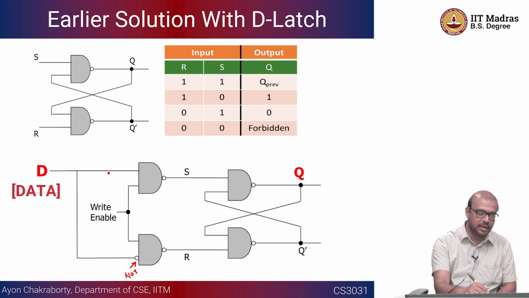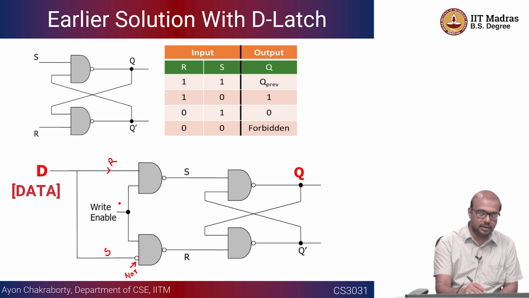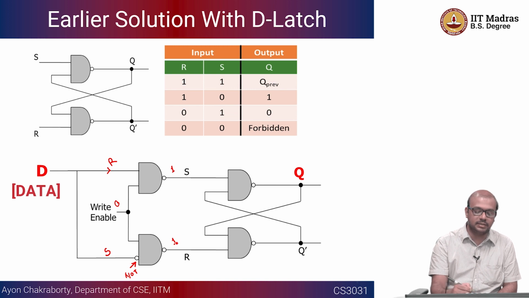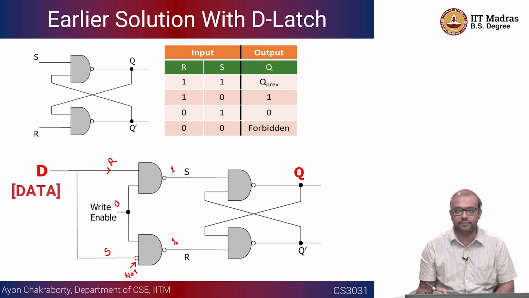You can think as if this is again an SR latch, but with a condition that S is equal to a complement of R or vice versa, right? And if you make write enable equal to 0, in that case both S and R are going to be 1. In that case, this is going to be a memory hold situation, right? Memory hold state or configuration.